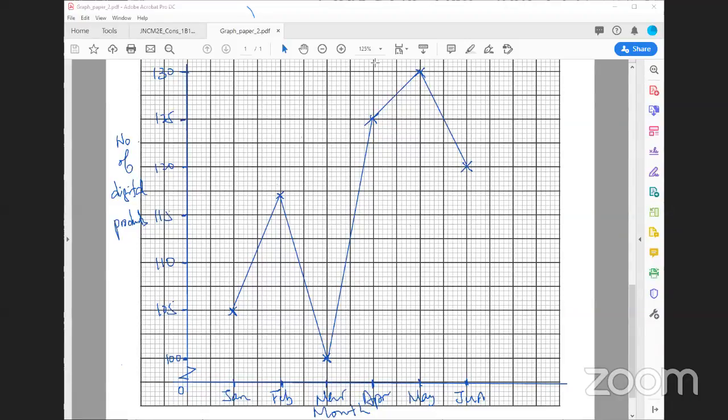This is what I want to show you, this part. I just want to show you how to use this kind of symbol.